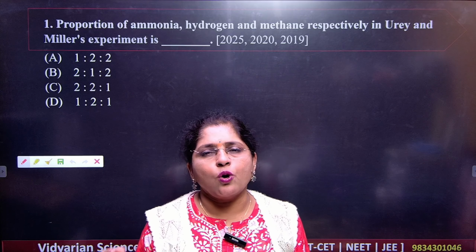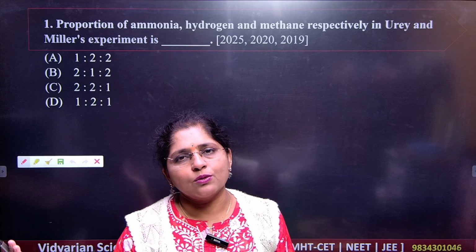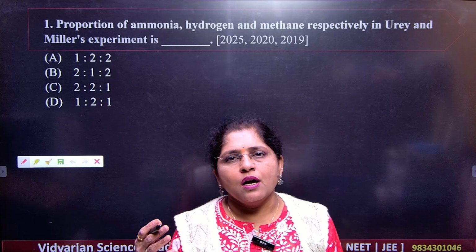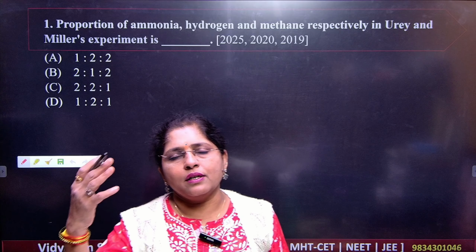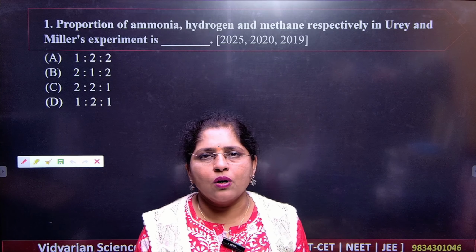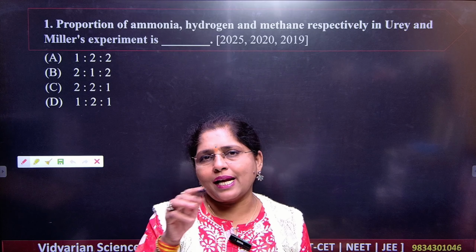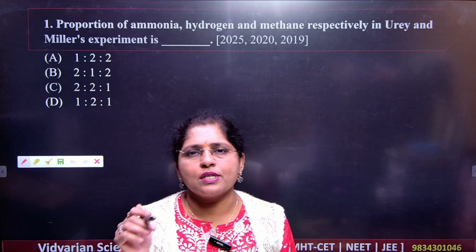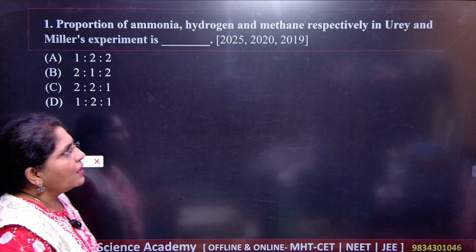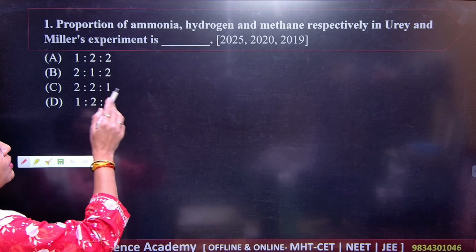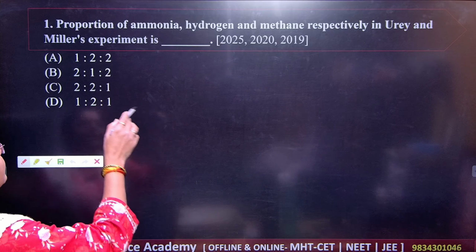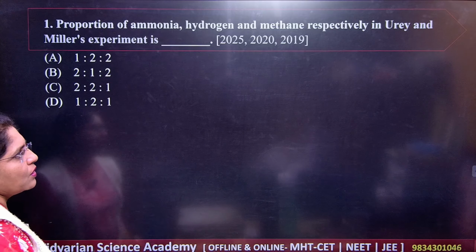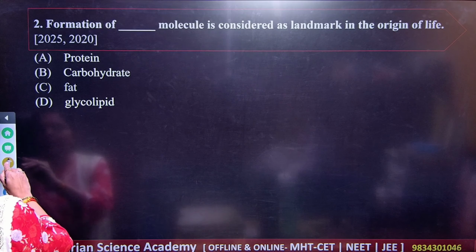They designed an environment similar to that time, and they used electrodes, then boiling water, then a condenser and all. So you should remember that diagram, and in that diagram see how the proportion is given for ammonia, hydrogen and methane. So your answer here is 2, 2, 1. Got it? So this is your correct answer.